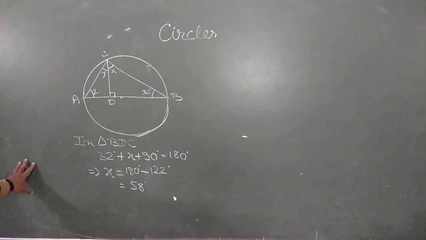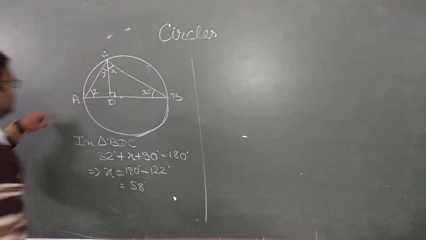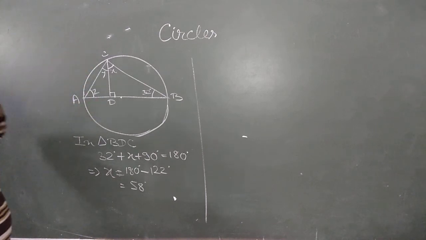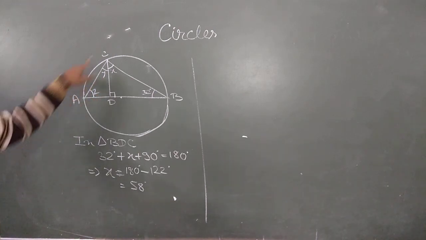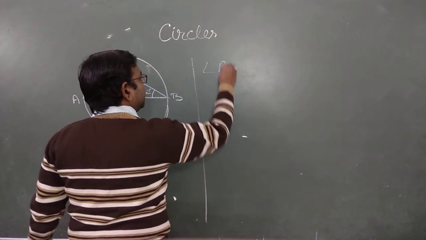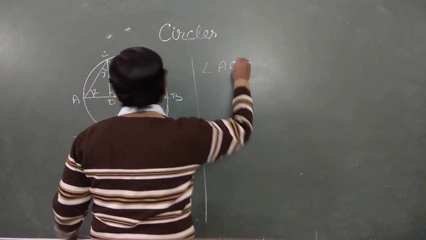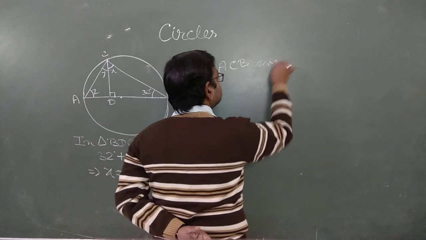Now come to this side, triangle ADC. Before we start, we know that ACB, this one, is an angle in a semicircle.